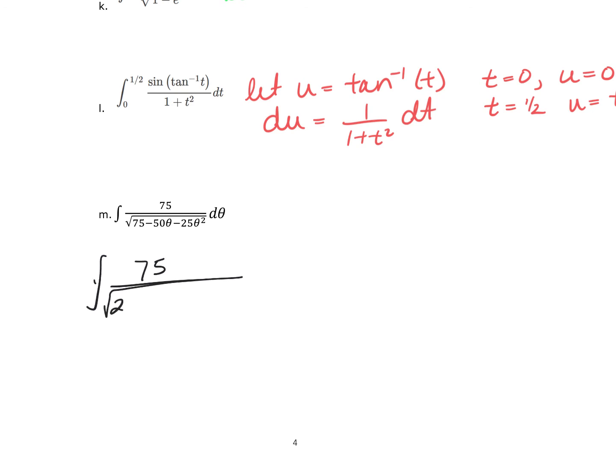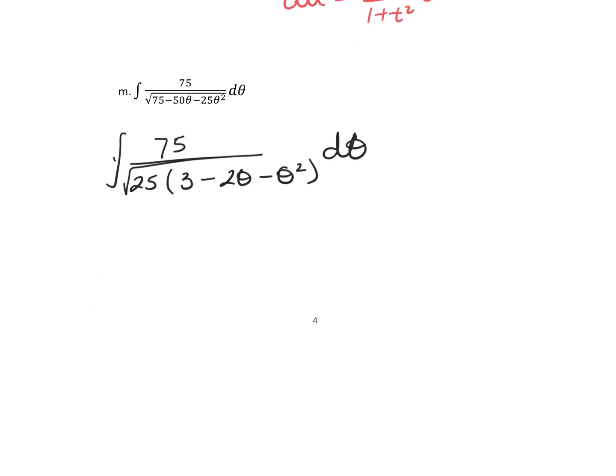So I'm going to factor out a 25, leaving me 3 minus 2 theta minus theta squared d theta. Now I know that this then becomes 75 over 5, and then the square root of 3 minus 2 theta minus theta squared d theta.